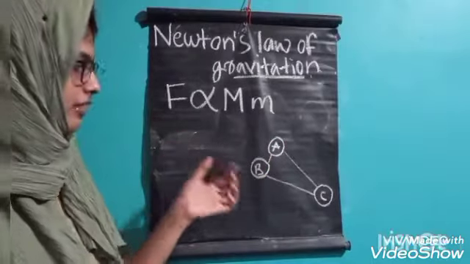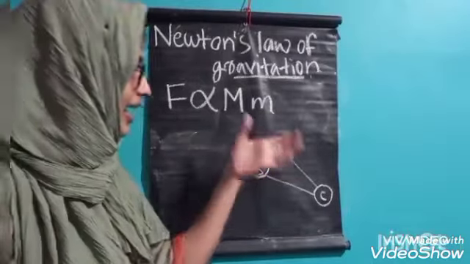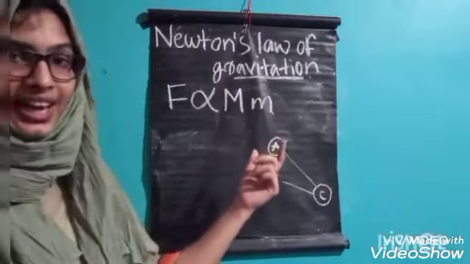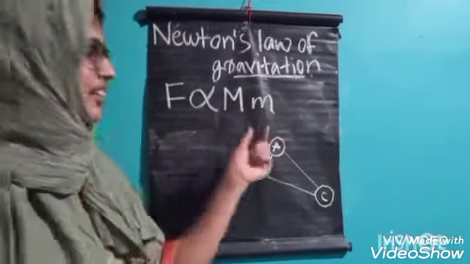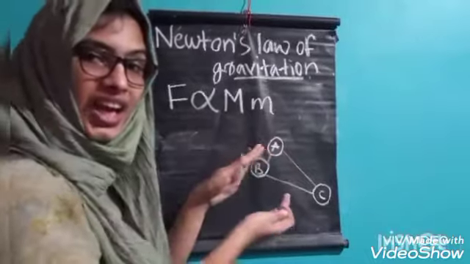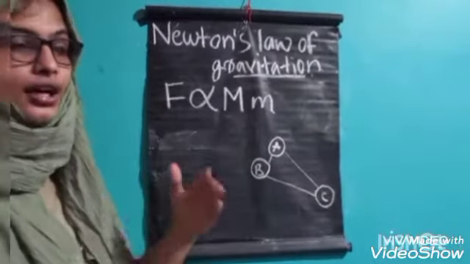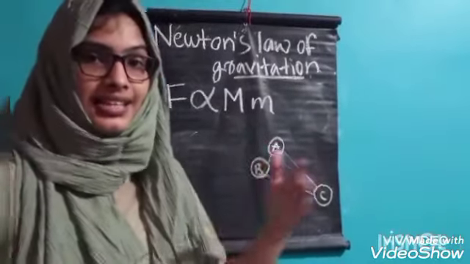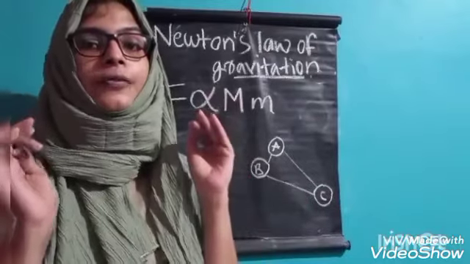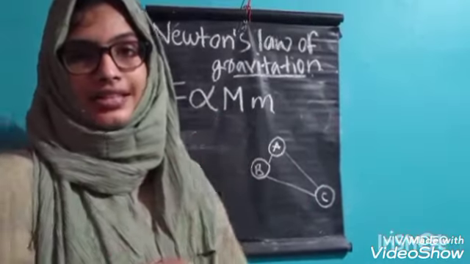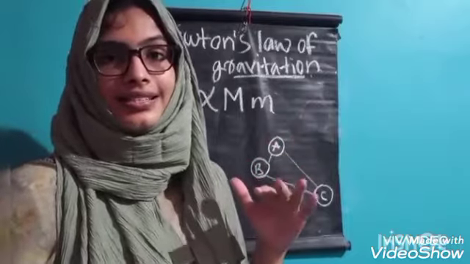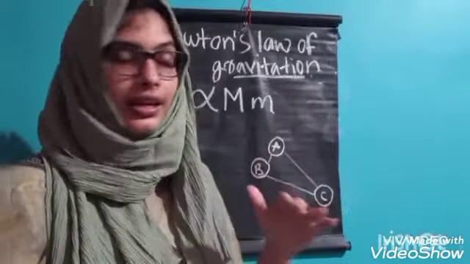The distance between B and C and between A and C is greater, so the force of attraction is very less. As the distance increases, the force of attraction decreases.